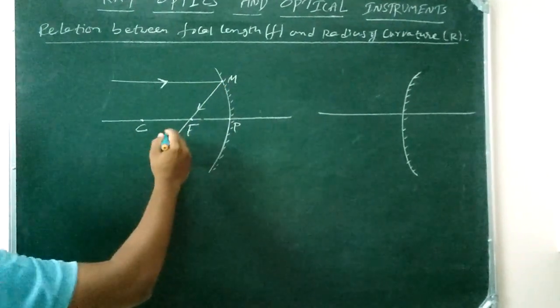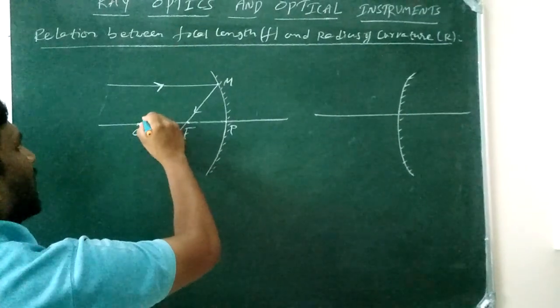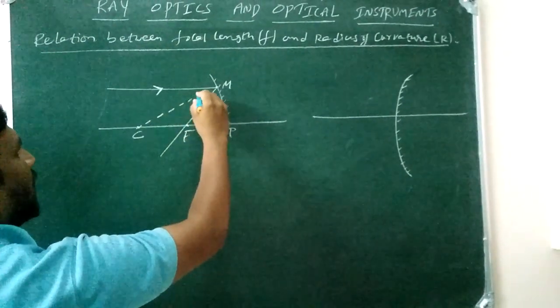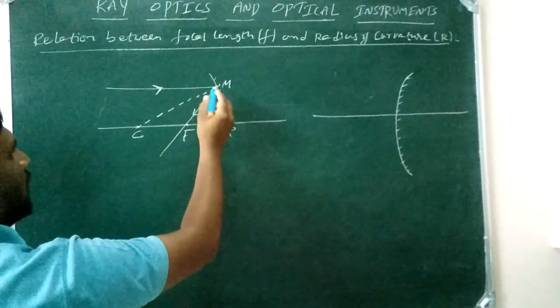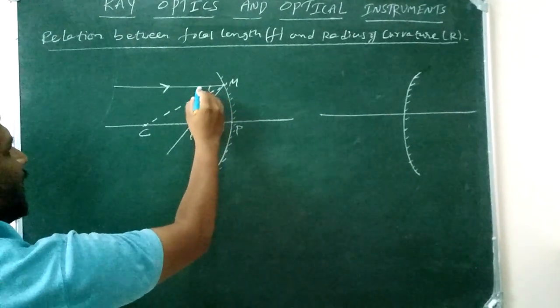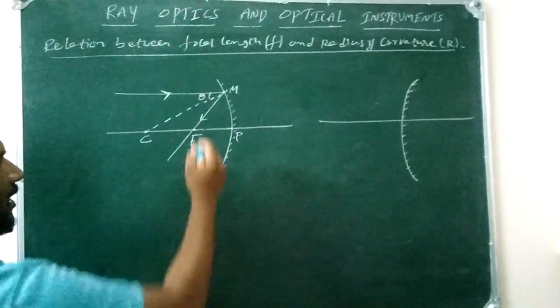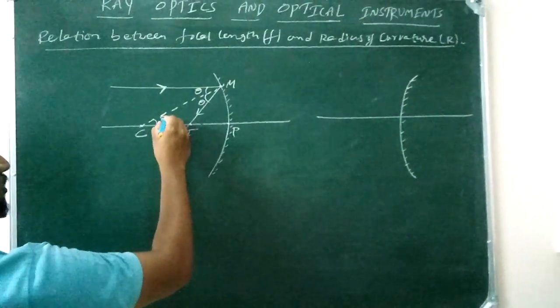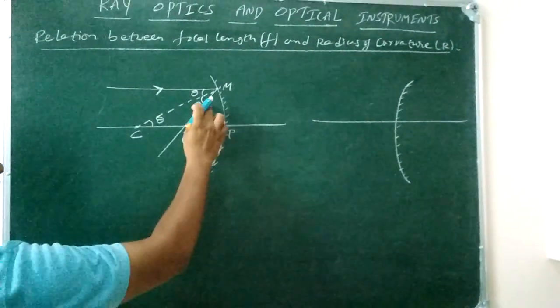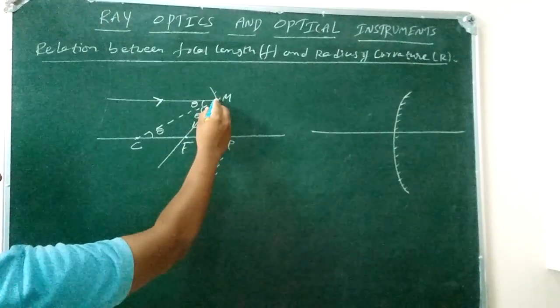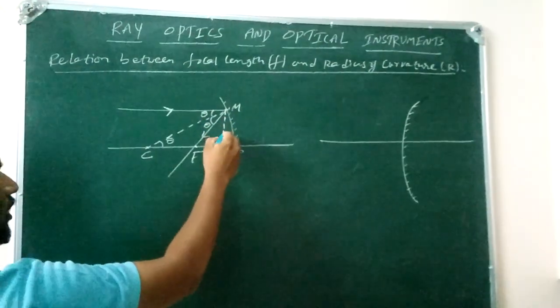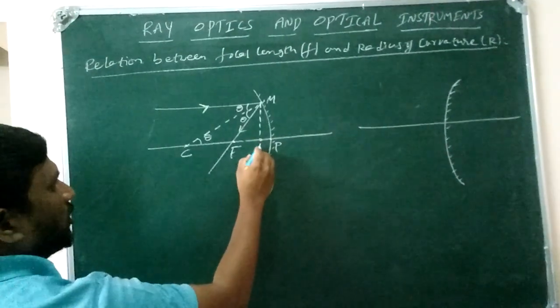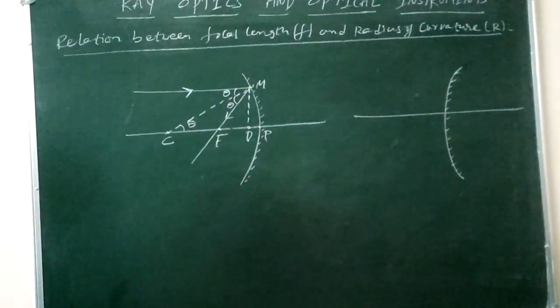Let CM be the normal drawn to this concave mirror. Let theta be the angle of incidence, and the angle of reflection is also theta. Here we can draw one perpendicular onto the principal axis, which meets at a point D.